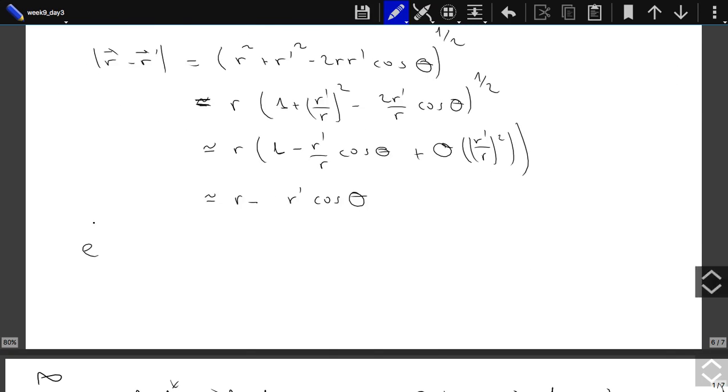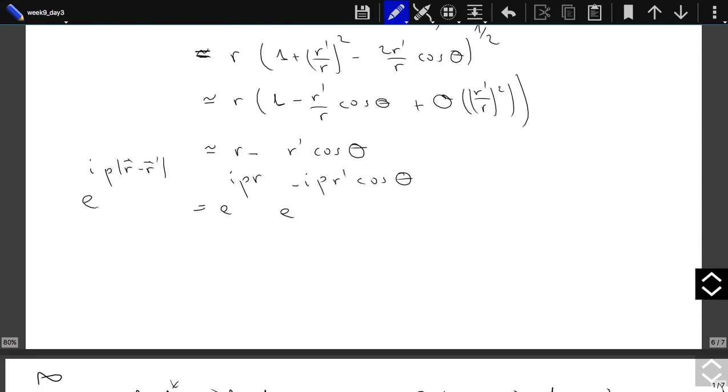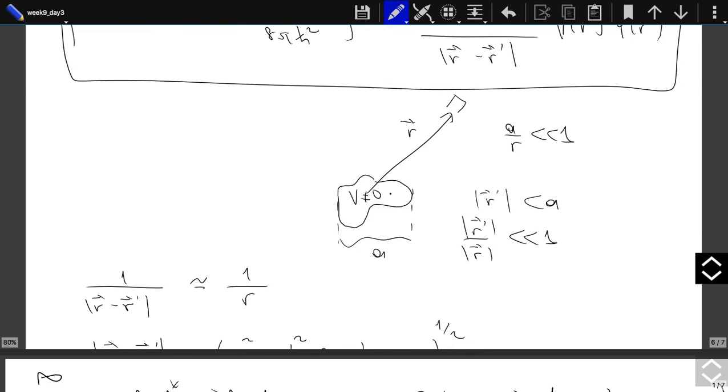So what we have is e to the power i p times r minus r prime. This is equal to e to the power i p r, this is our outgoing wave, times e to the power minus i p r prime cosine theta. And remember, cosine theta is the angle between our r and r prime. So if we are calculating the contribution from this r prime, this is our angle theta in the direction of our detector or our observation point.